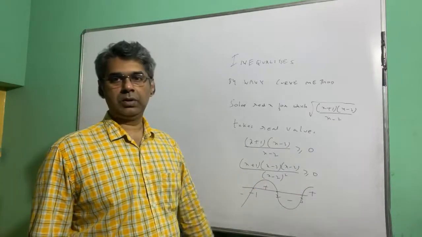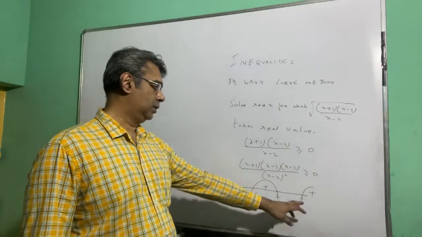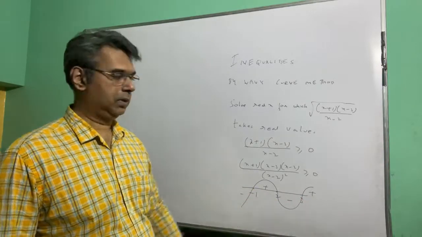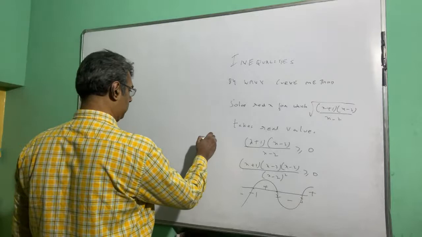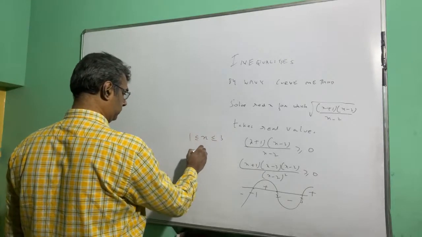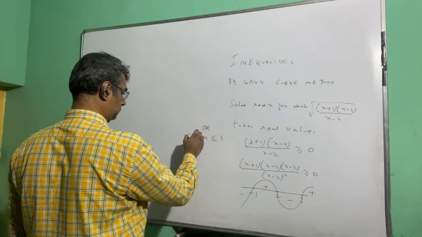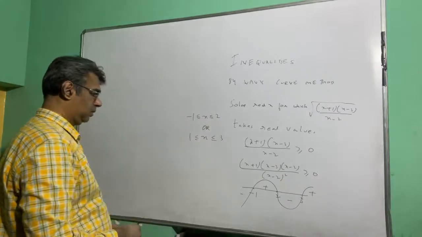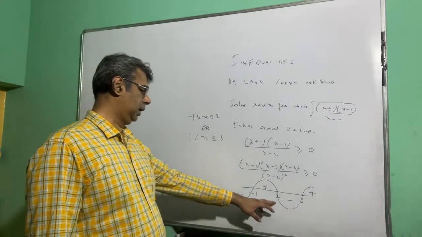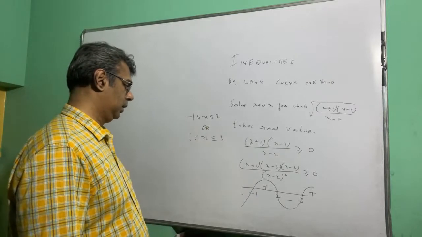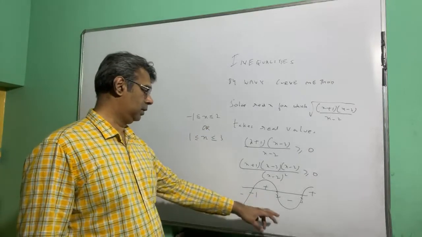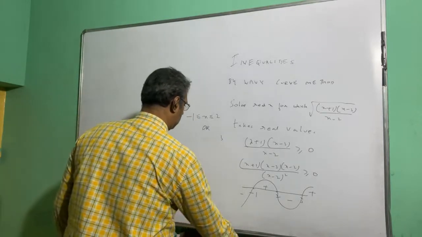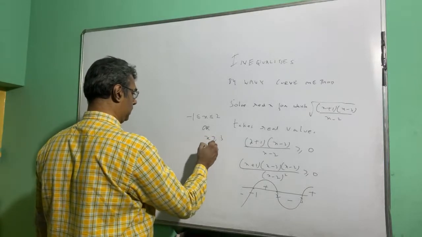So we want greater than or equal to 0, which means we want positive or 0. So either x should be over here, more than 3, or between minus 1 and 2. So the answer of this question will be that x will lie between minus 1 and 2, that is one part, or x will be greater than or equal to 3, that is the second part.